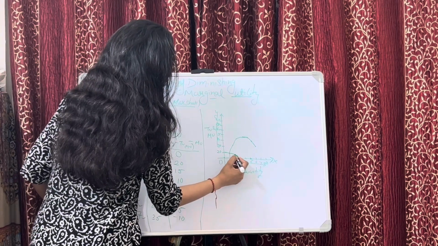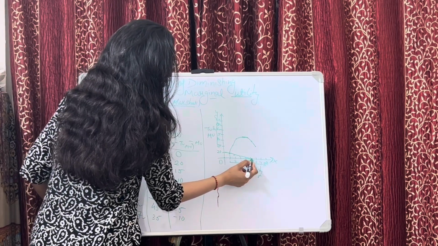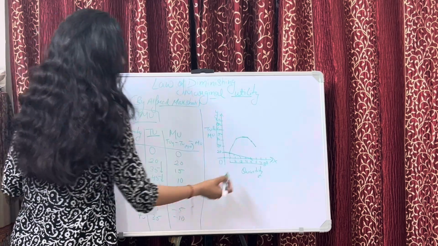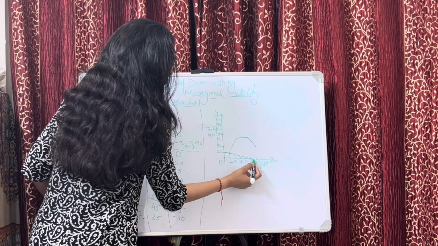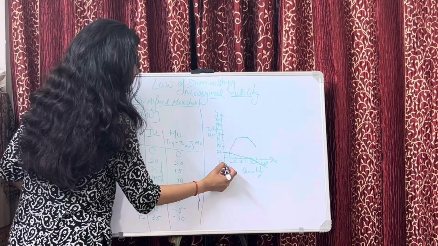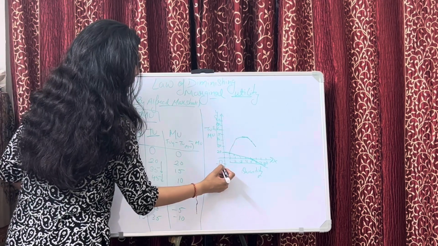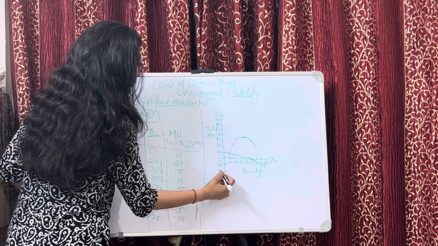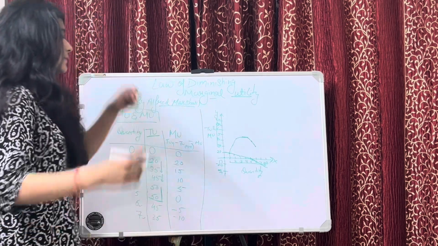So I can draw it like this, you just need to cut this point. And at 6 it's minus 5, and at 7 it's minus 10. Guys, this can be minus 20 and this can be minus 30, okay.